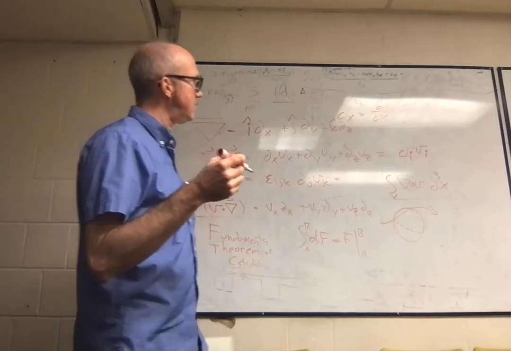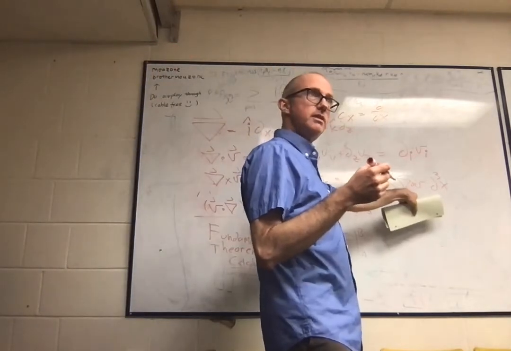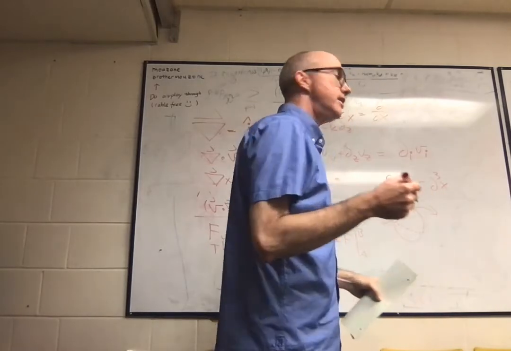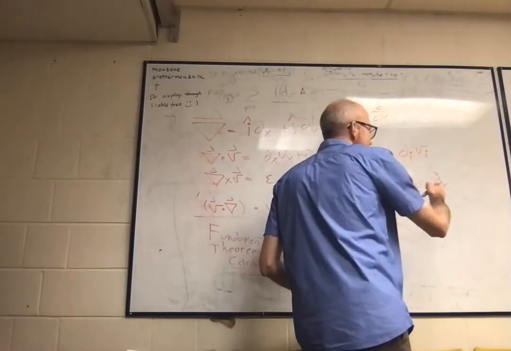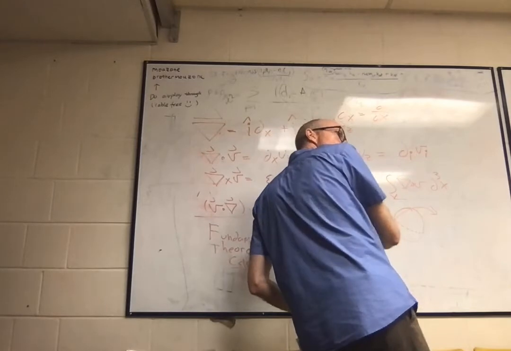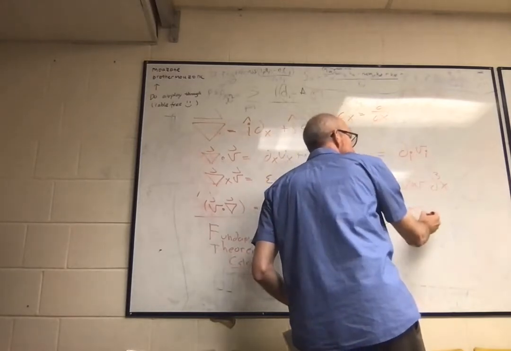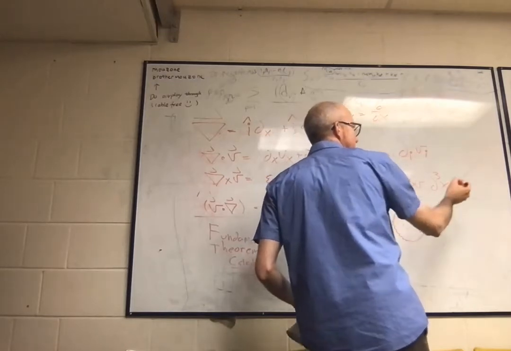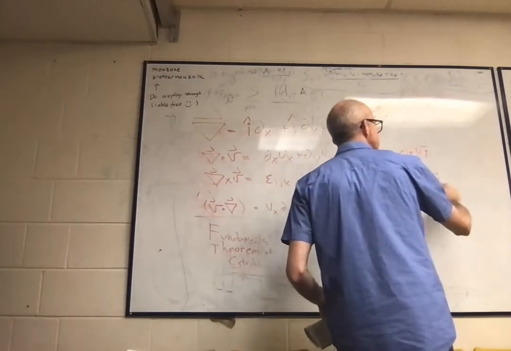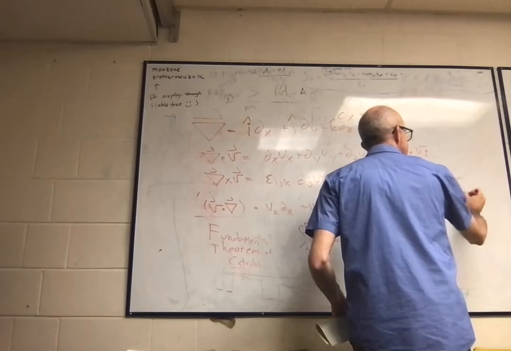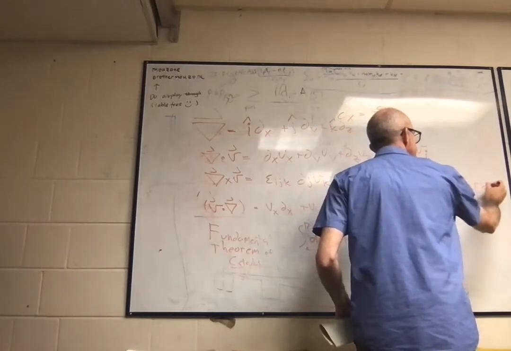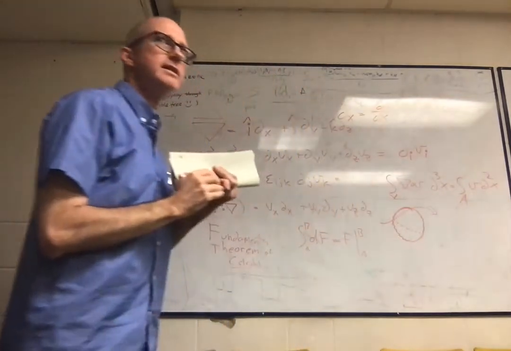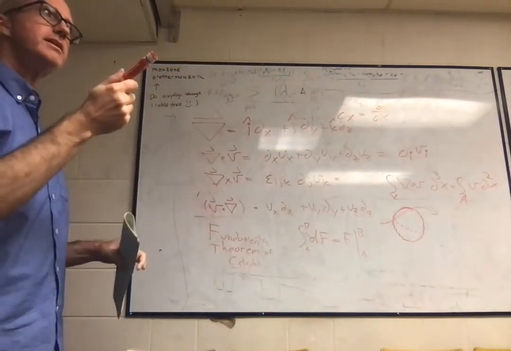Well, I'm integrating a derivative, right? So I'm just going to get the quantity evaluated at the ends. But the ends here are just 2 points. Here, the ends are this whole surface. So it gets simpler, but I still have an integral. So the integral of the divergence of a thing is the quantity on the surface.